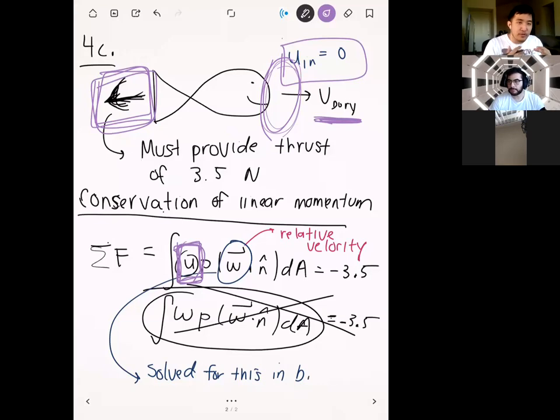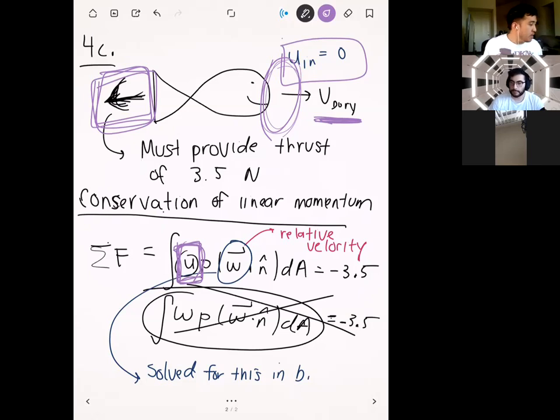Right when she produces thrust, immediately after, her speed is going to increase, which is what we want. We're solving this at the instant she makes the first shake of her tail fin to start accelerating. So for that brief moment you violate conservation of mass a little bit. If you're struggling with part C, this is the way I think is best to solve this problem.